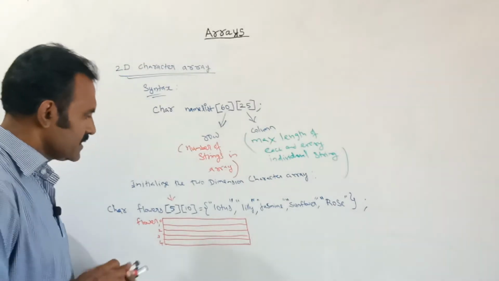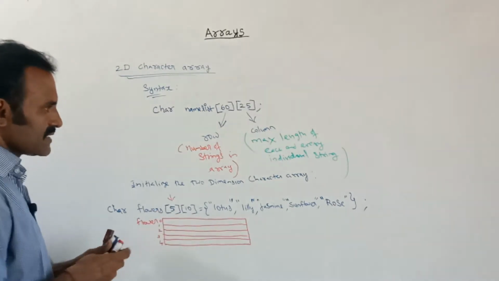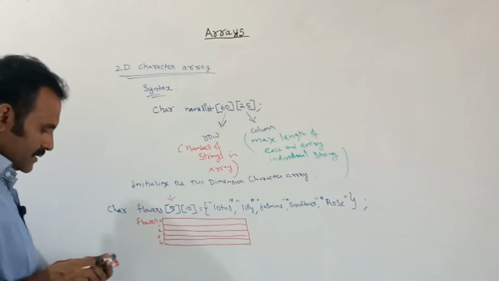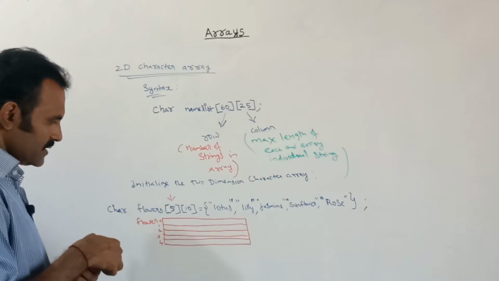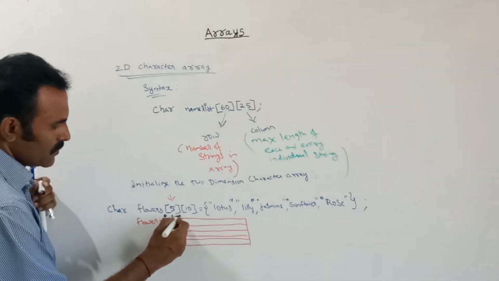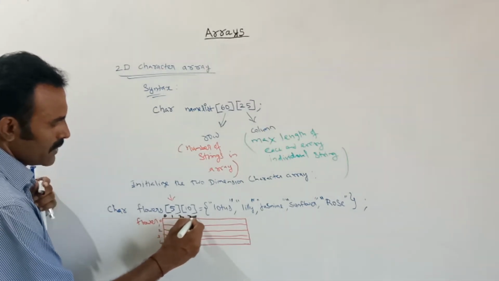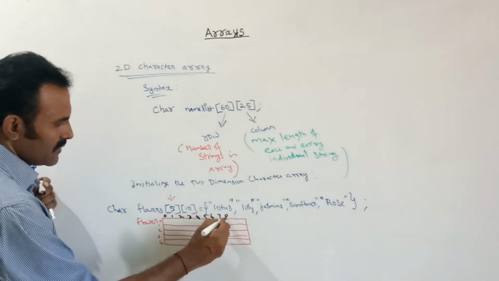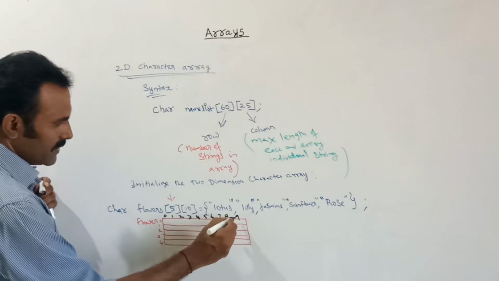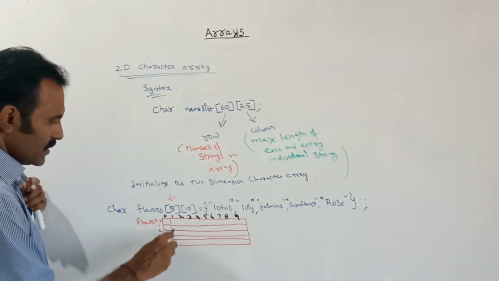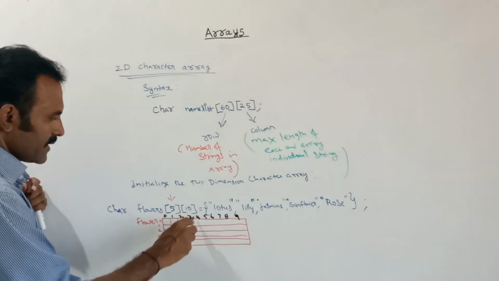Each and every individual string, we can store maximum 10 letters. So this is column 0, that is 0, 1, 2, 3, 4, 5, 6, 7, 8 and 9. 0 to 9, totally 10 letters we can store. So while declaring you should declare like this.